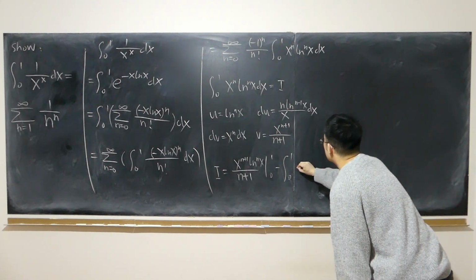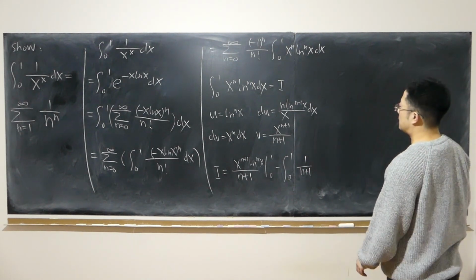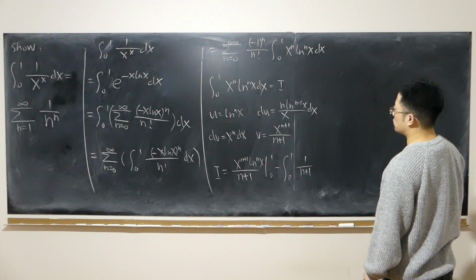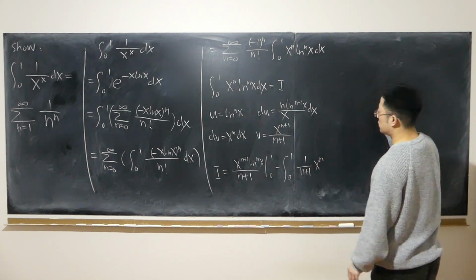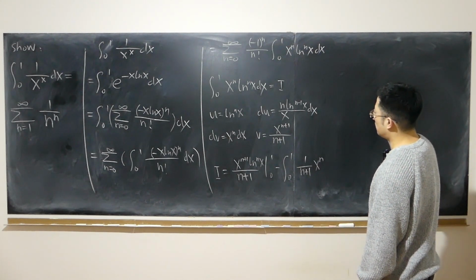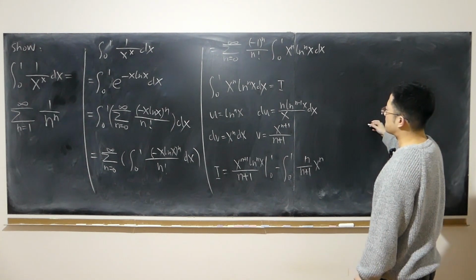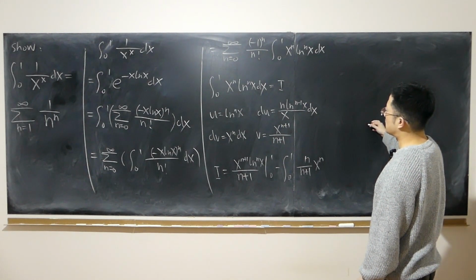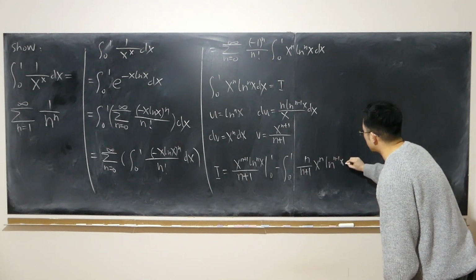The 1 over n plus 1, and x to the power of n plus 1 times x to the power of n. Right. Simplify with this x down here. So now I'm going to have n up here, and log to the power of n minus 1 of x dx.